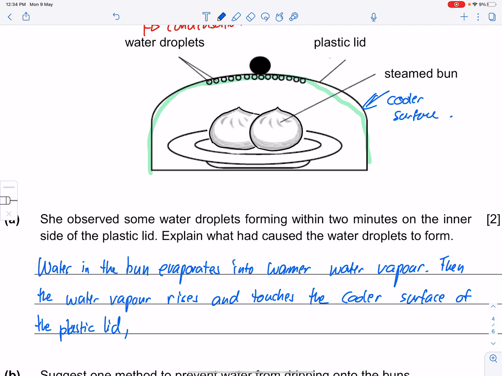Then we say it loses heat and condenses into water droplets. Now, many of you are still forgetting to write lost heat for some reason.